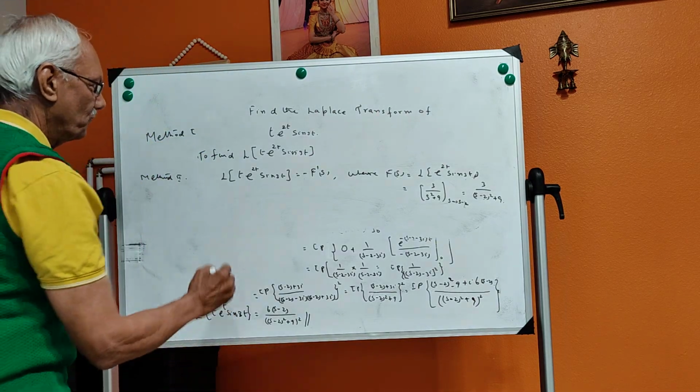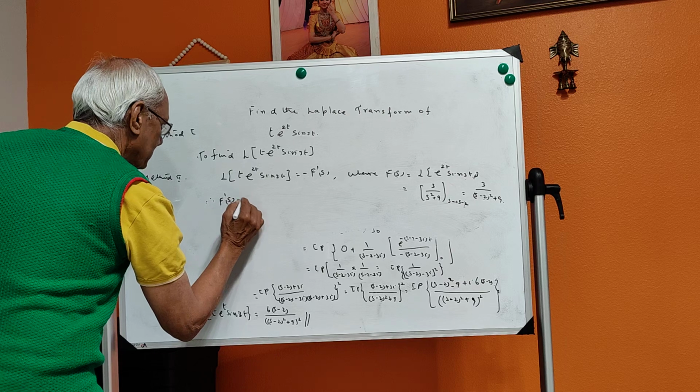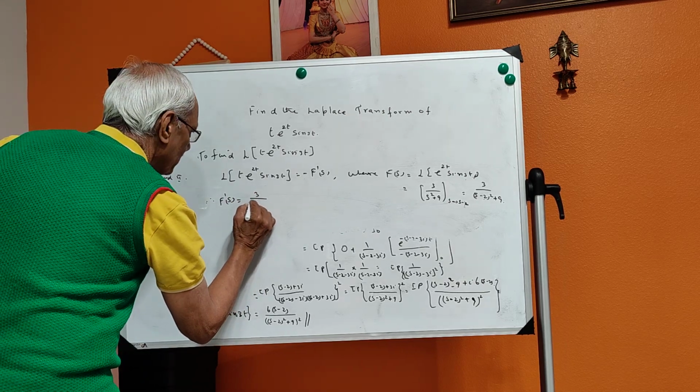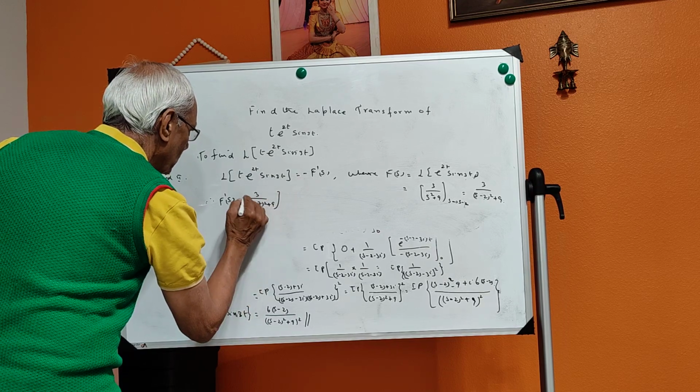So therefore f dash of s is equal to the derivative of 3 divided by (s minus 2) whole square plus 9.